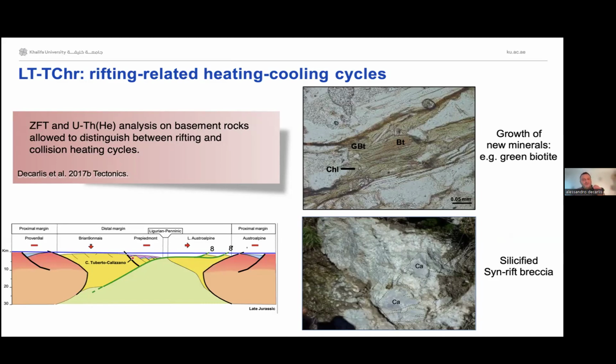If you want to go a little bit further into the Moho problem, then you have to approach the Ivrea-Verbano zone. I don't know if you know the area. This is a part of the Alps that has been tilted 90 degrees, in which you can observe the complete structure from the base of the crust, pieces of the mantle, up to the surface. Because during compression it has been tilted.